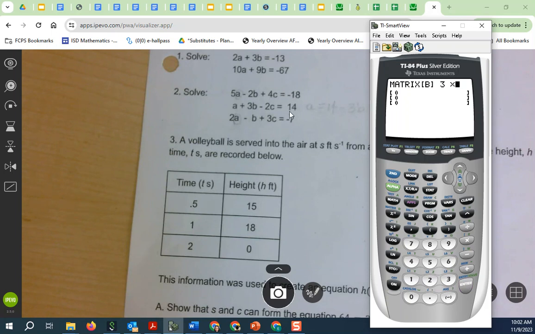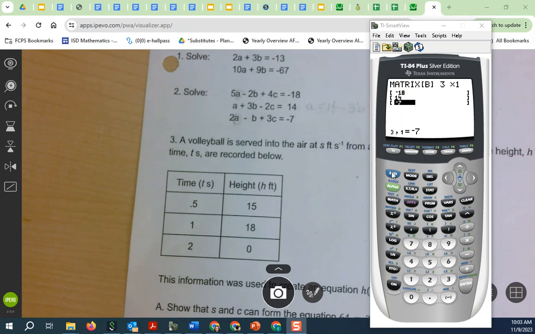Okay, so it's going to be negative 18, 14, negative 7. All right, so matrix B, you went over to edit, you went down to matrix B, and it's a 3 by 1, and then you enter the answers.